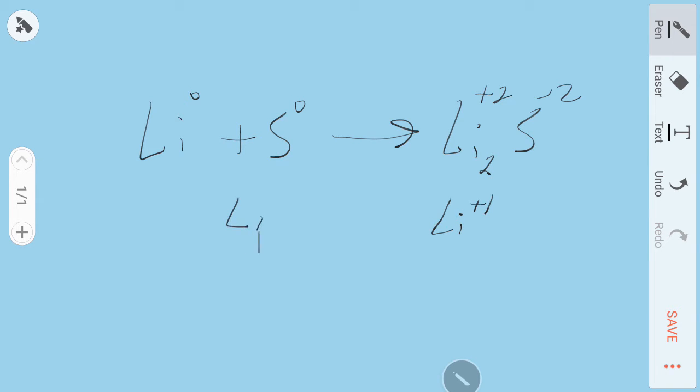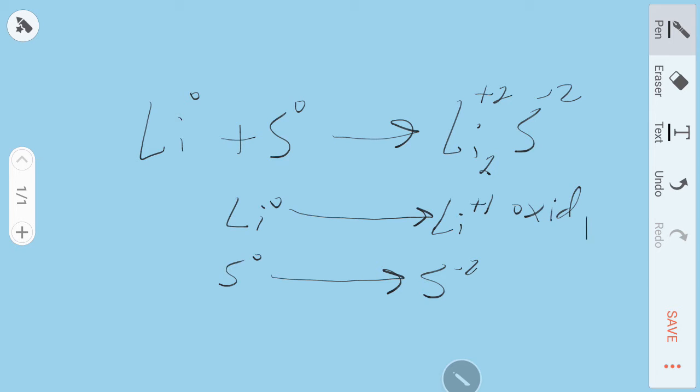So lithium went from 0 to +1. Sulfur went from 0 to -2. So lithium was oxidized. And because it was oxidized, you'll notice that, just like in question 1, it's the opposite as far as what type of agent it is.